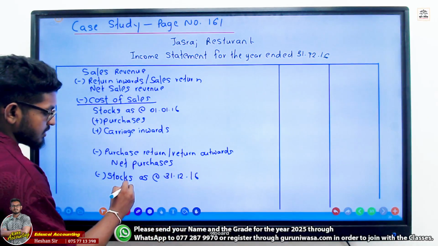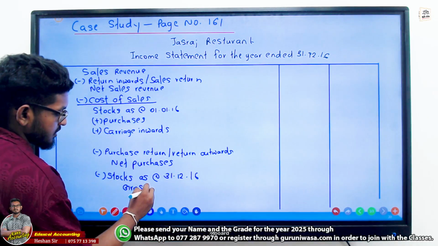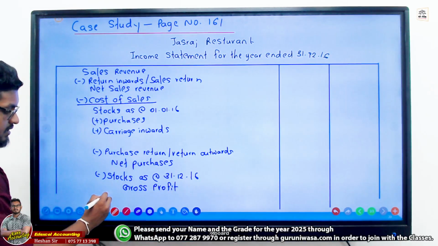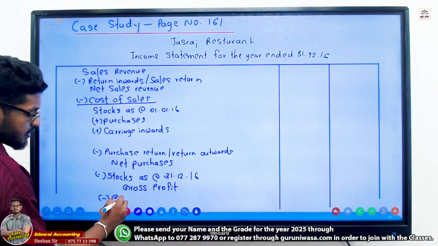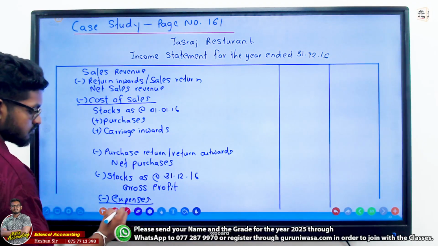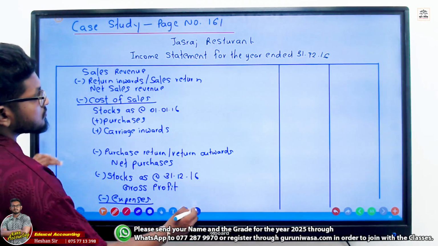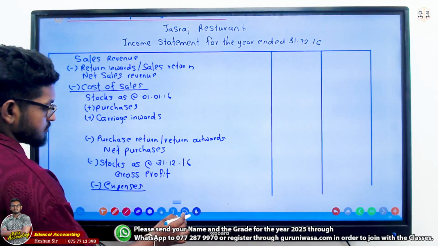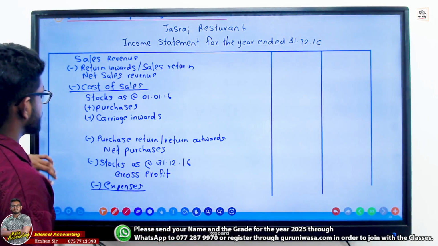Then you get the gross profit. From gross profit, minus expenses.